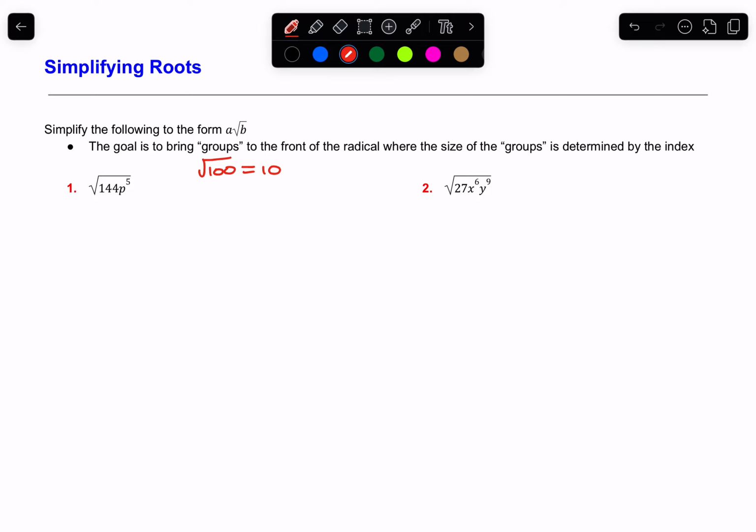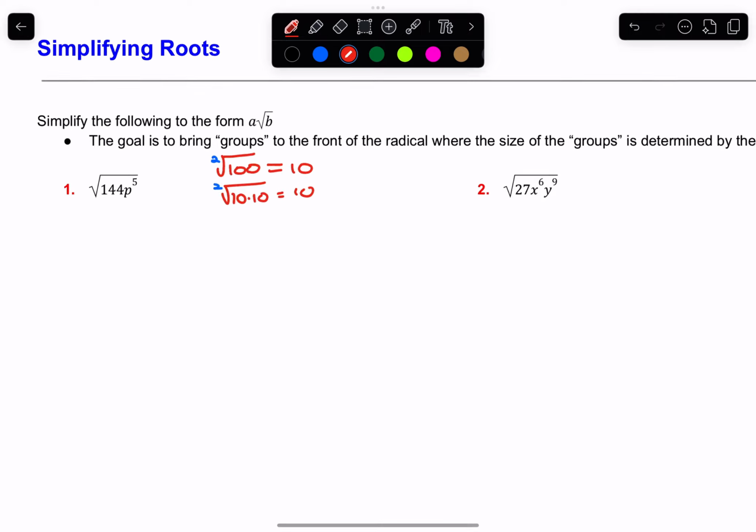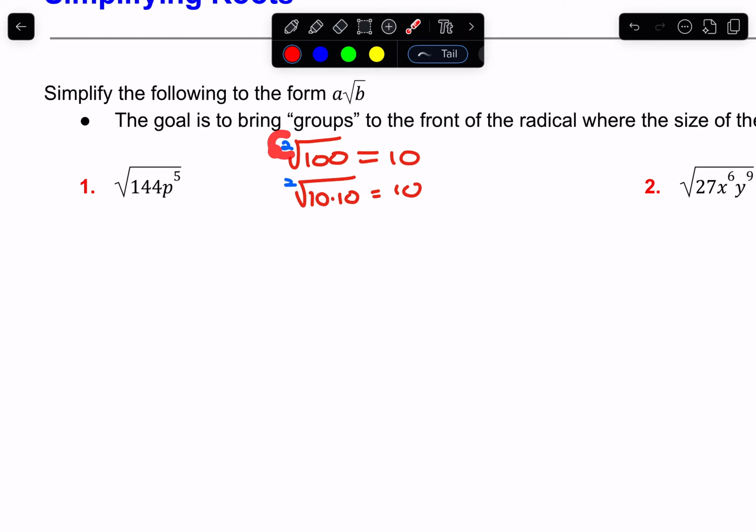On the inside of that radical, the square root of 100 was actually 10 times 10, and the index of the radical was 2, so I was allowed to pull two 10s from the inside to the outside, where they become one 10. So the index being 2 told me that a group of two 10s becomes one 10 when I pull it out. And I didn't leave anything else inside, so I just have that 10. For this lesson, though, we're going to have something left over most of the time.